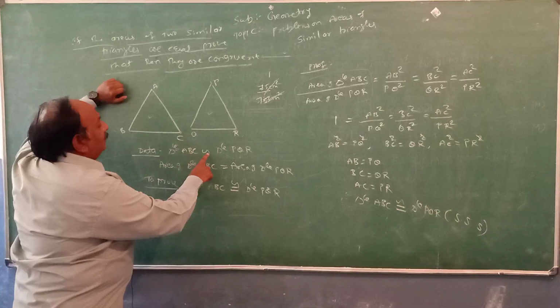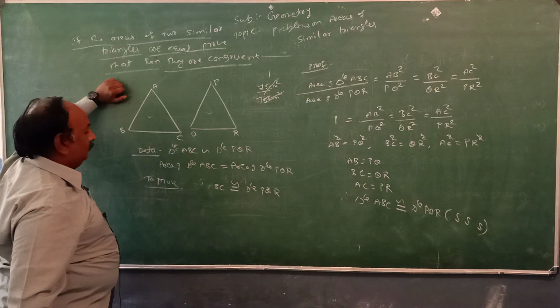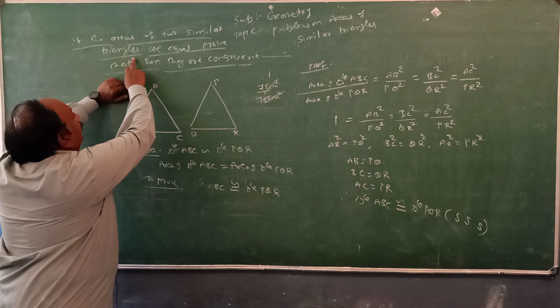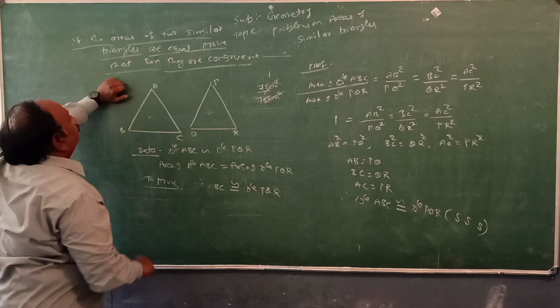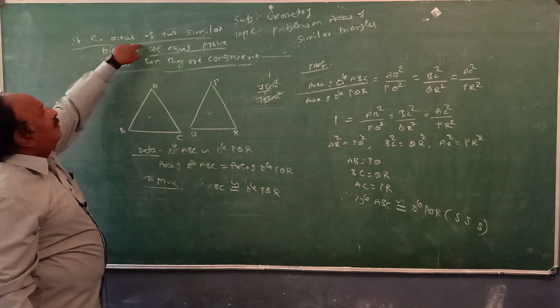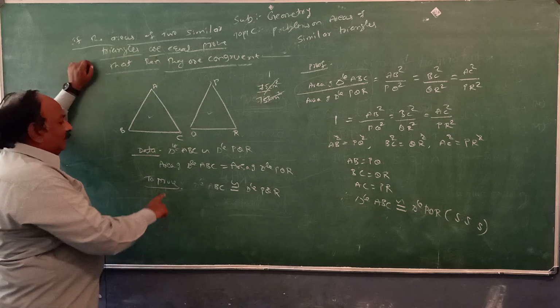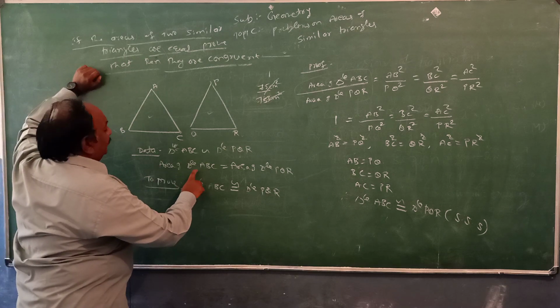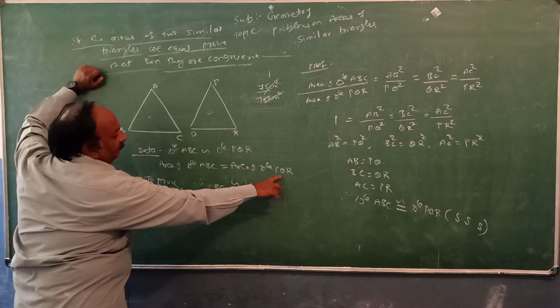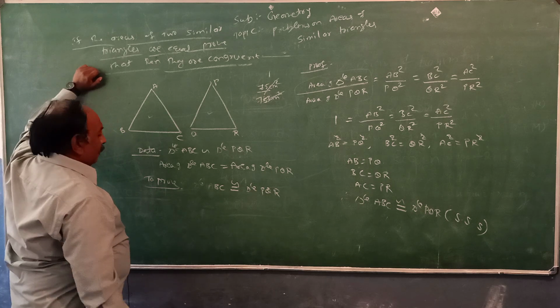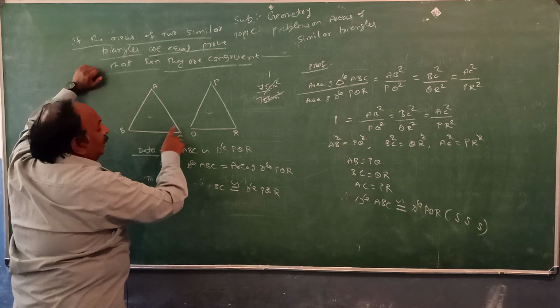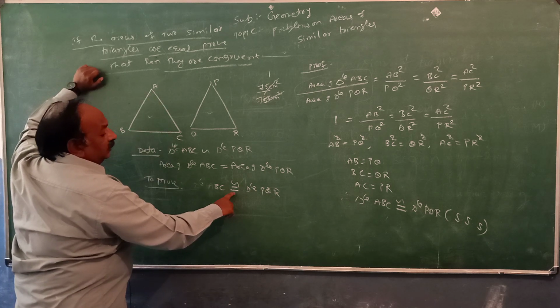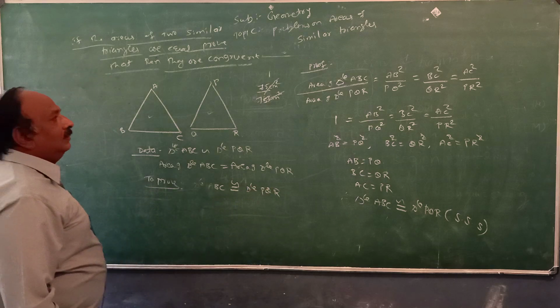Triangle ABC is similar to triangle PQR. The areas are given as equal: area of triangle ABC is equal to area of triangle PQR. We have to prove that triangle ABC is congruent to triangle PQR.